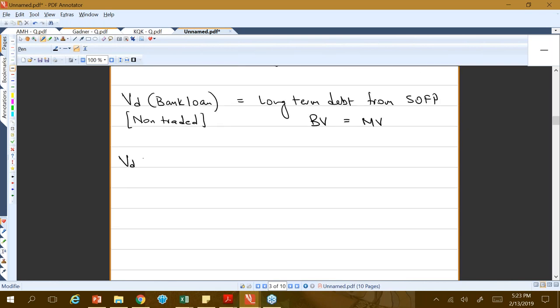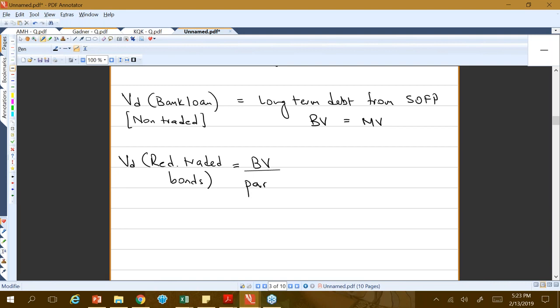Then the VD of the redeemable traded bonds, or the debt. Now, because these are traded, they will have a market price. So what we need to do now is to take the book value of these bonds, which we will find in the SOFP, and then divide this book value by the par value of the debt.